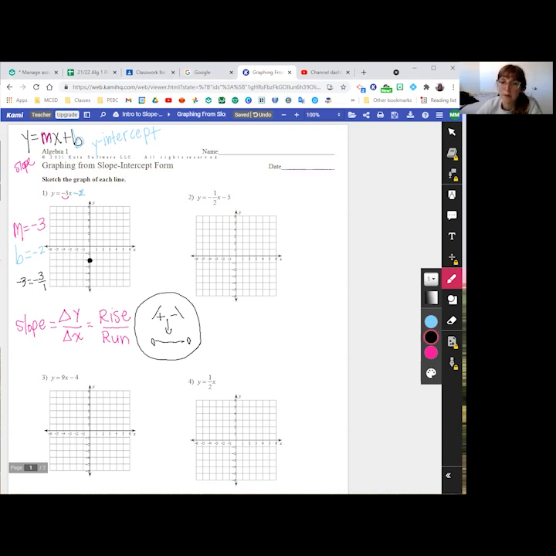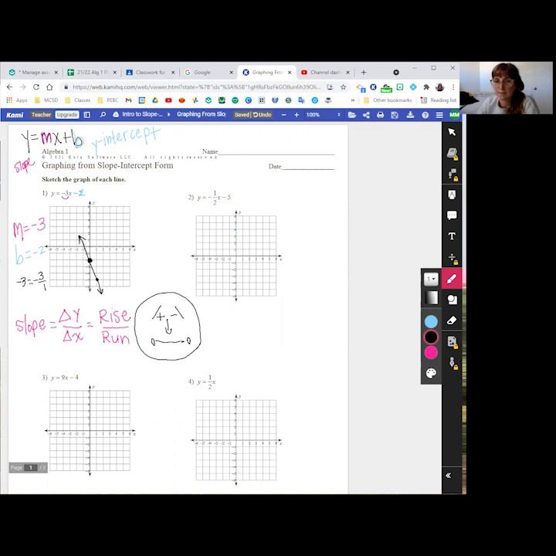So from my y-intercept, I go and I count down 3. So that's 1, 2, 3. And then my run is 1. So that means I go over 1. And then all I got to do is connect my points together and draw some arrows. And there's my line. I converted this equation into a graph.